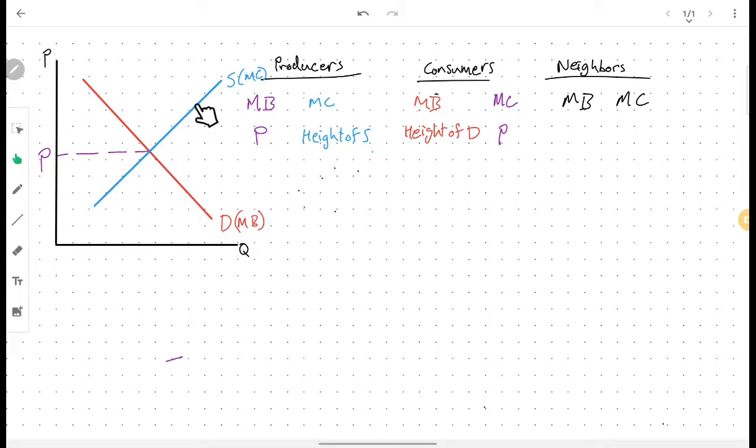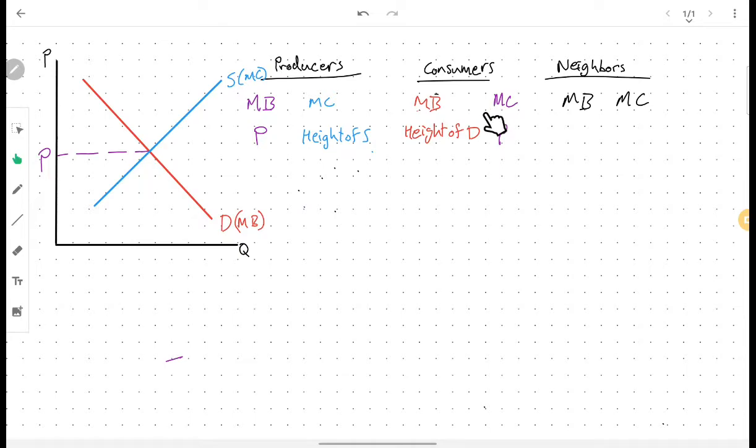So actually, the supply curve already includes producers balancing their benefits against their costs. And the demand curve already includes buyers balancing their benefits against their costs. And then all that's left over is balancing the benefits and costs of the producers against the benefits and costs for the consumers.